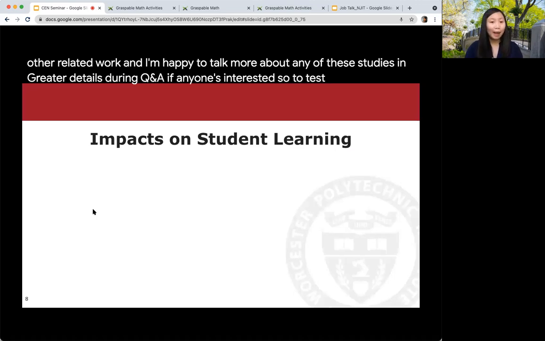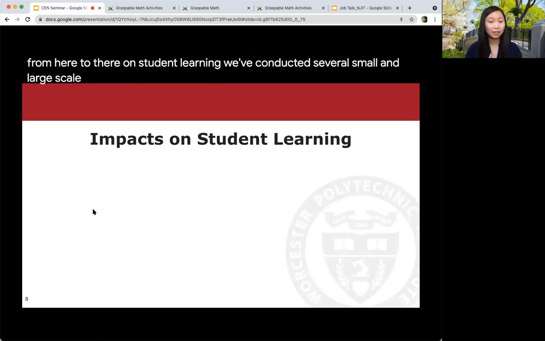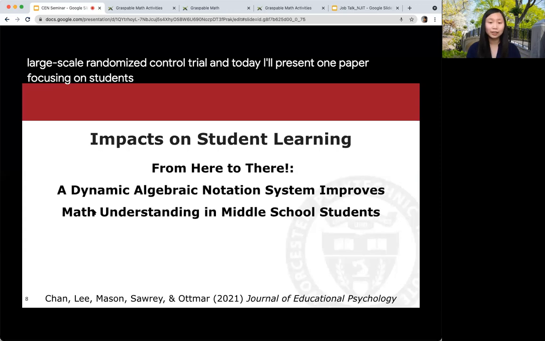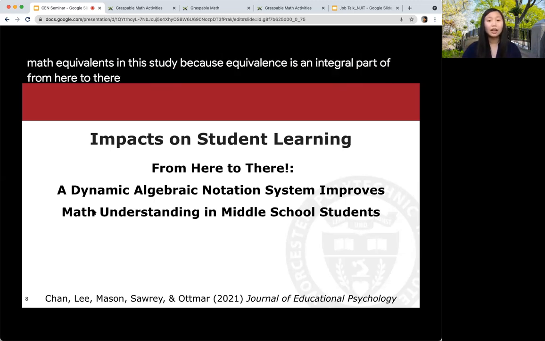To test the impact of From Here to There on student learning, we've conducted several small and large-scale randomized controlled trials. Today I'll present one paper focusing on students' equivalence understanding in more detail. We focus on math equivalence in this study because equivalence is an integral part of From Here to There.